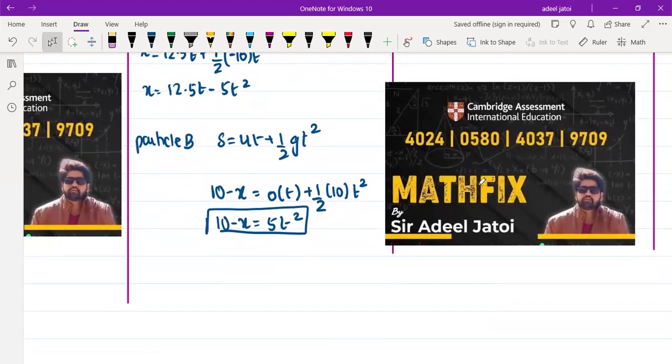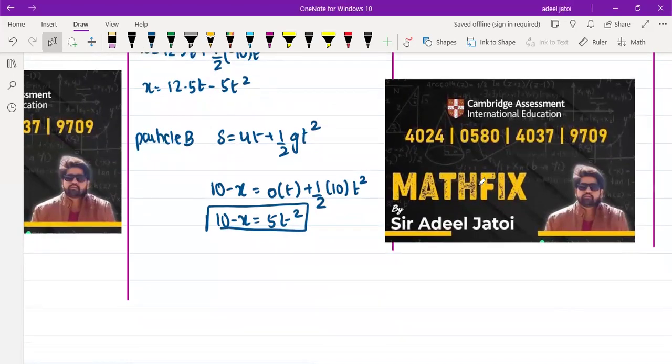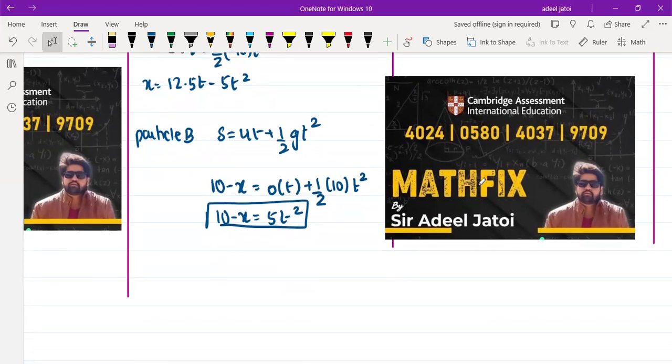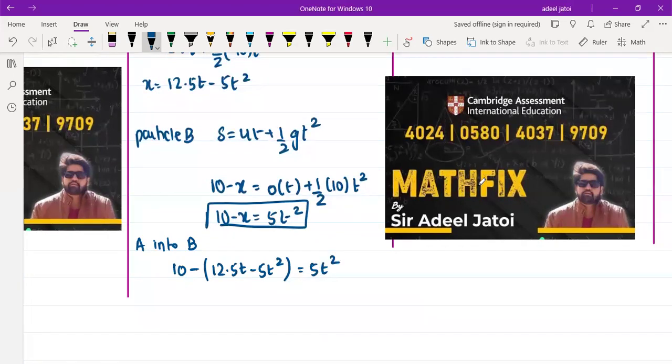Meeting means intersecting each other, and when it says intersecting, we use the simultaneous equation method. We already know the x equation, so let's substitute particle A into B. So 10 minus (12.5t minus 5t square) is equal to 5t square as well.